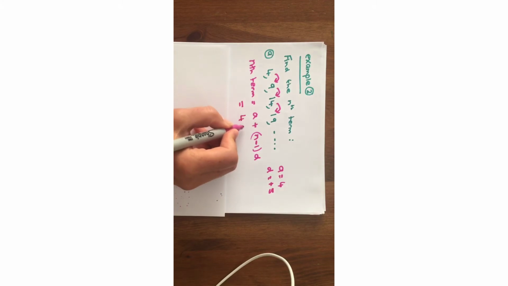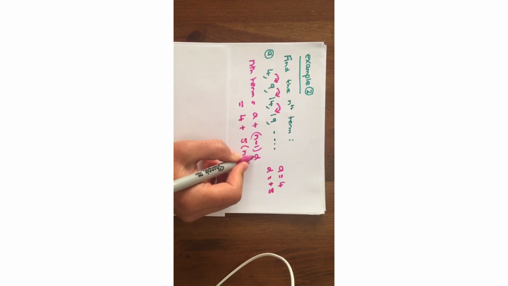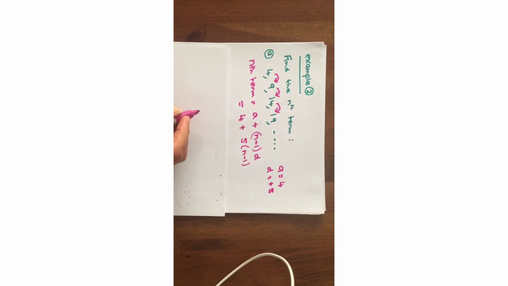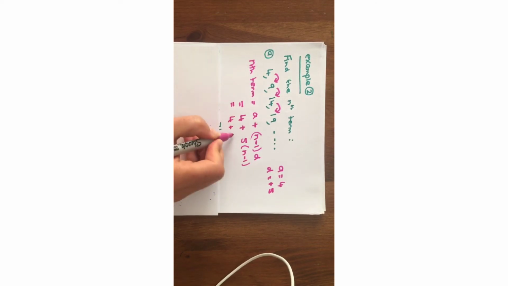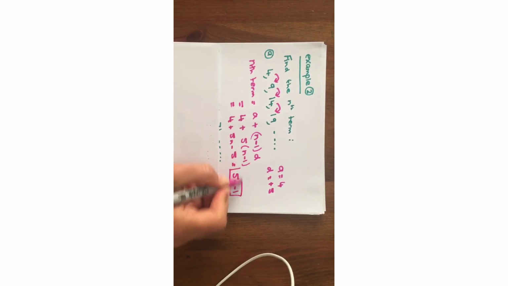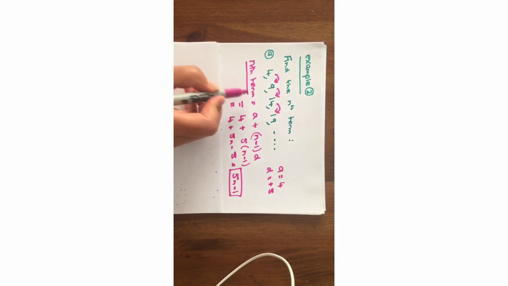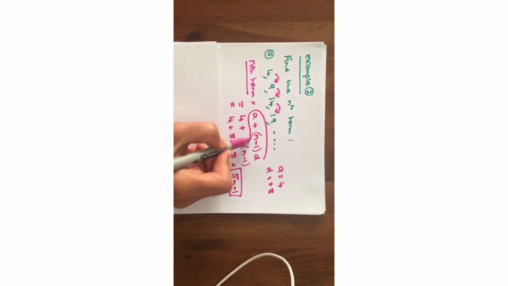So 4 plus 5 lots of n minus 1, d is 5. So if I was to expand that, I will have 4 plus 5n minus 5, or 5n minus 1. Now at GCSE, you worked out the nth term in a different way, but for A-level, we're going to use this formula here.